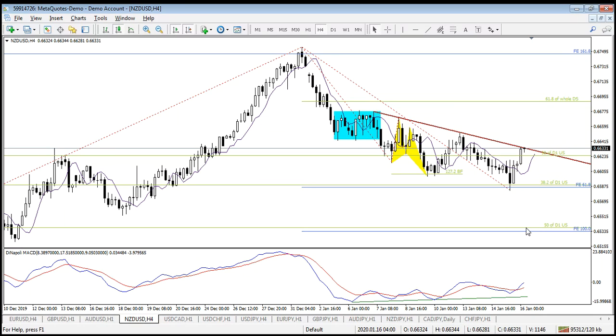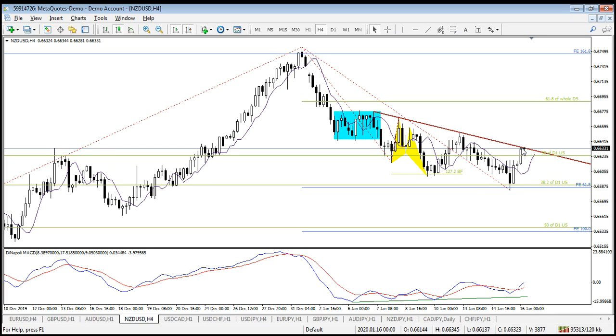Although I do not trust divergences much, this can be one of the several factors to support the bullish idea. But as of now, we are not sure whether this trend line is going to be broken or not.